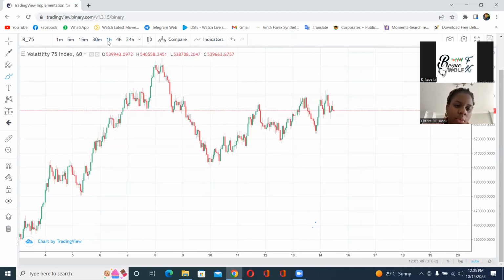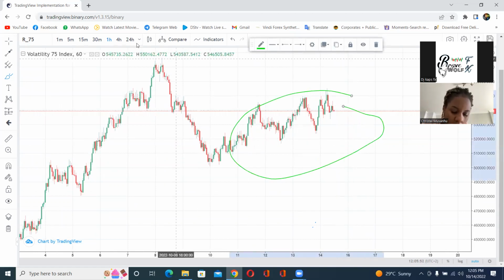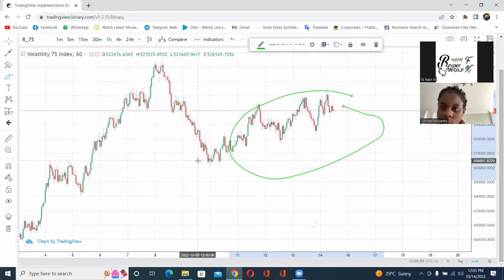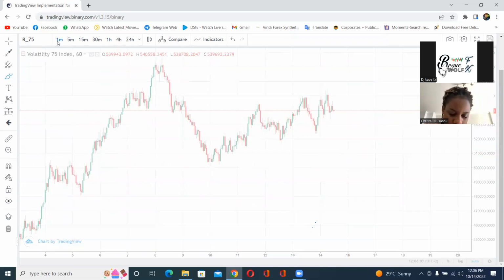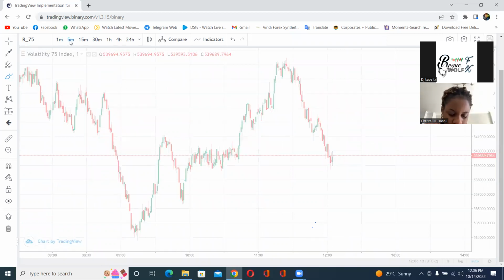It will need 24 candles in the 1 hour. Means after every 24 candles in here, the 24 hours releases the candle. The 4 hours, after every 4 hours, it releases the candle. You understand? Let's say on 1 minute, it must be 5 candles in order to make a 5 minute candle.